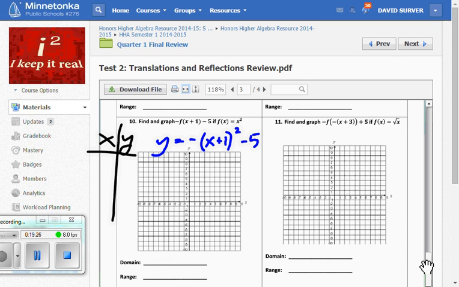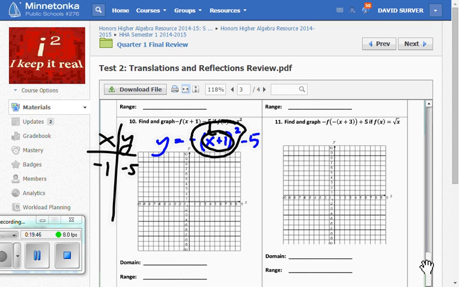And I'd say, what are some good points to stick in here? Well, things that are helpful in this parentheses, like maybe -1, because -1 plus 1 would make it 0. So if I put in -1, I'm going to get a 0 here, and that means all of this becomes 0. 0 minus 5 is -5. So -1, -5.